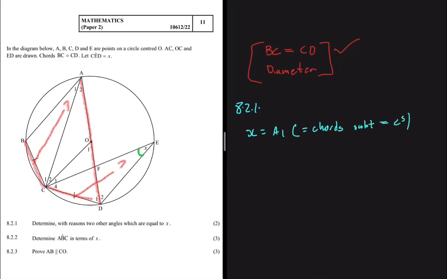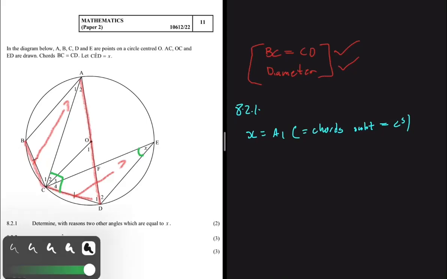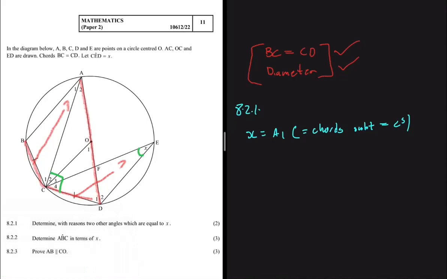Now let's look at our second keyword, diameter. What do we know about a diameter? All we know is that it subtends an angle on the circumference of a circle of 90 degrees. So this here is 90 degrees, but that's all we know, nothing else. So let's go back to our first keyword and see how we can use the chord to find another angle which is equal to x. You will now realize that not only does chord CD subtend this angle x here, but it also subtends this angle A2 here.